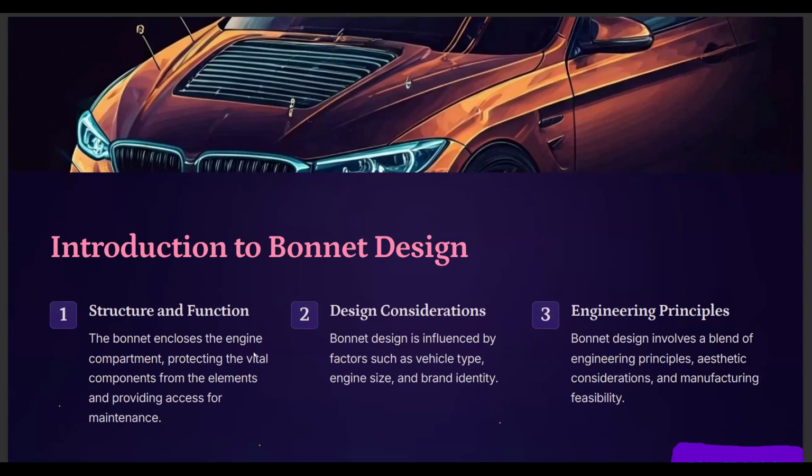You cannot just design a bonnet or hood for a different category or type of vehicle. You cannot take an MPV bonnet and put it on a hatchback. So the first thing that comes is the structure and function of it.